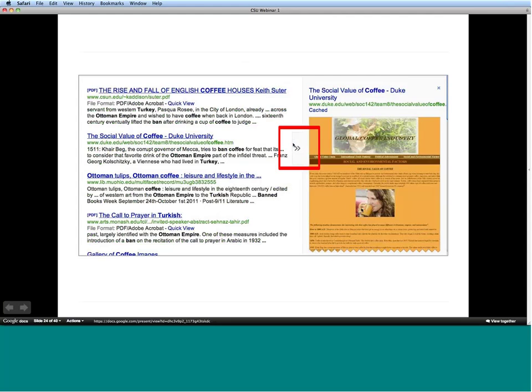And that can help you if you saw a page before and you're trying to remember to get back to it and you have a sense of what it looked like, or if you just want to see if it looks like the content is likely to meet your needs. You are not intended to necessarily be able to read the results here, but to get a sense of what the page is.